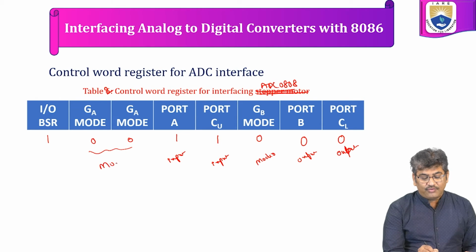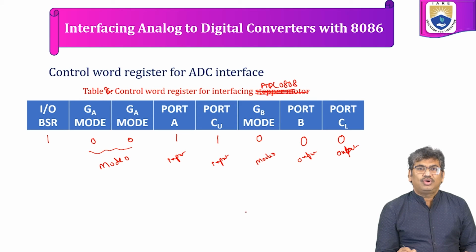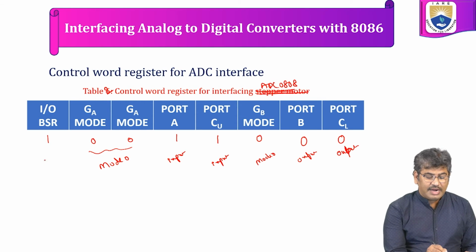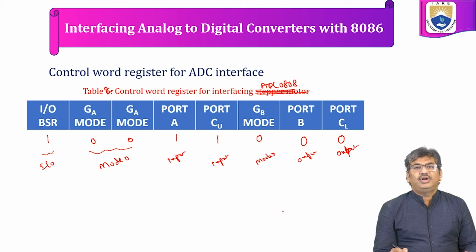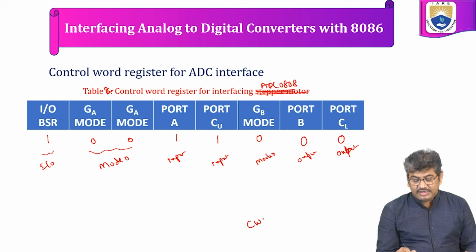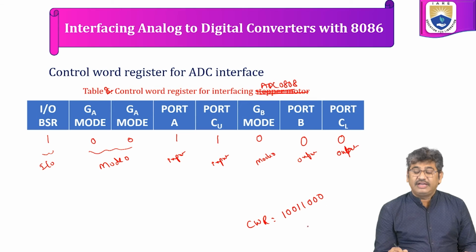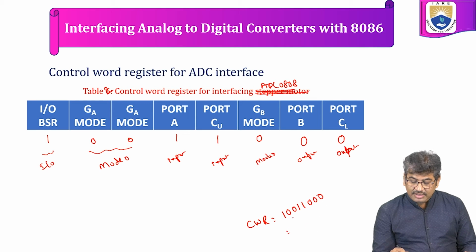These two bits correspond to mode 0 operation for group A ports, and this one corresponds to IO operation. So the control word CWR is equal to 1001 1000 in binary format. In hexadecimal, 1001 is 9 and 1000 is 8H.